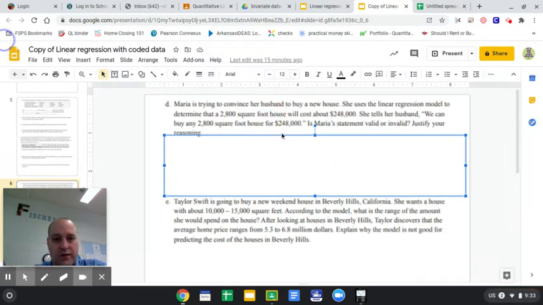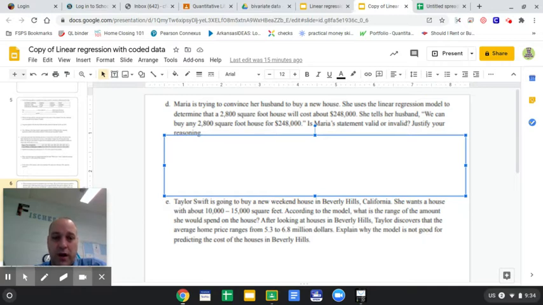All right, so Maria is trying to convince her husband to buy a new house. She uses the linear regression equation model to determine that a 2,800 square foot house will cost $248,000. She tells her husband, "We can buy any 2,800 square foot house for $248,000." Is this true? Is it a valid or invalid statement? Well, it depends on where you buy the house.